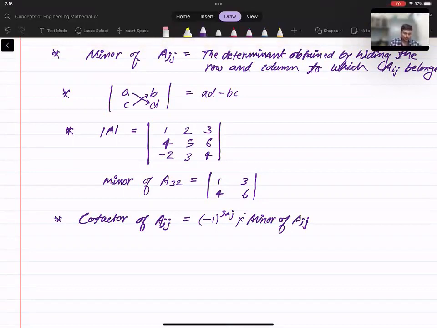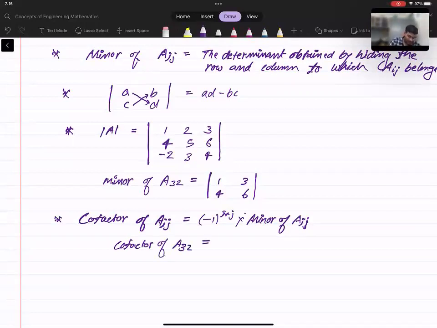So let us see what a cofactor is again before proceeding ahead. Take the same example which we took earlier. Now we will find the cofactor of A32 from the above matrix.